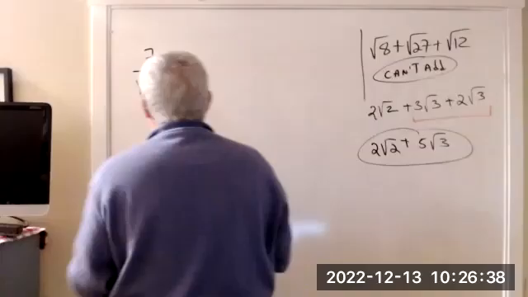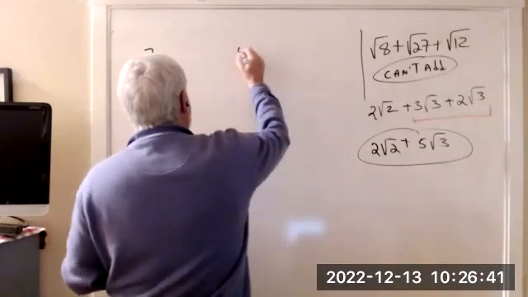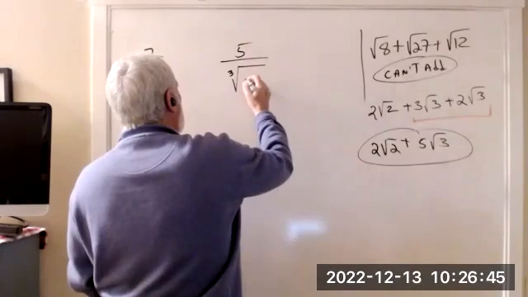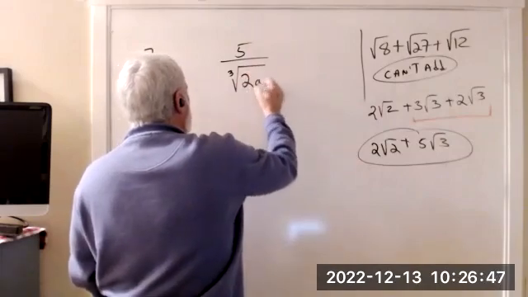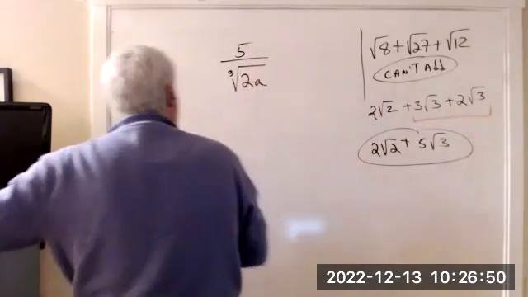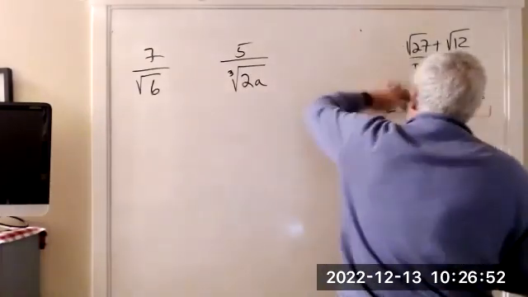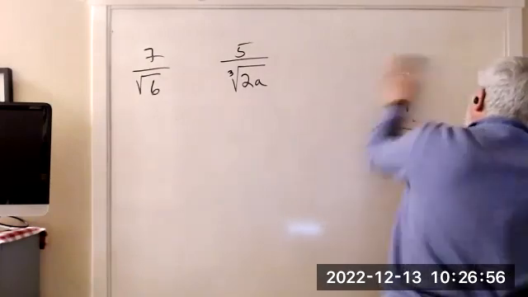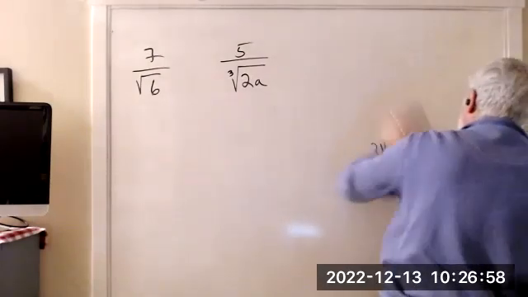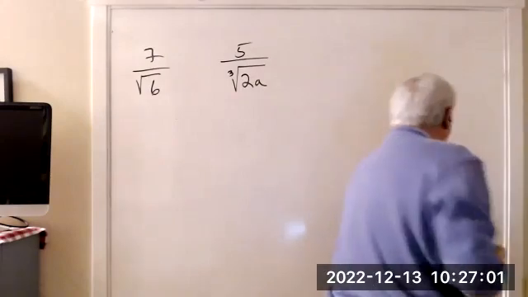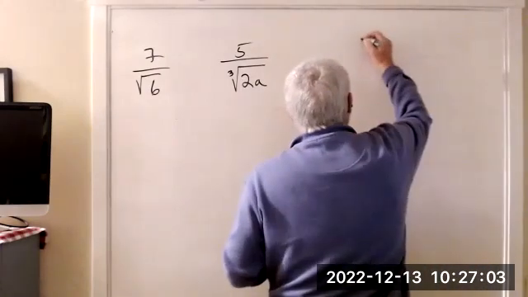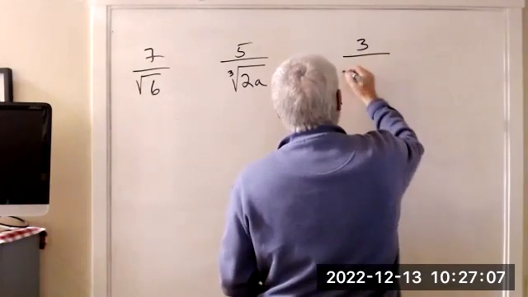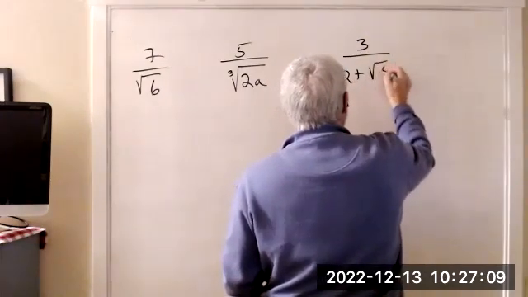And also, what about 5 over the cube root of 2a? And one more, what about 3 over 2 plus the square root of 5?